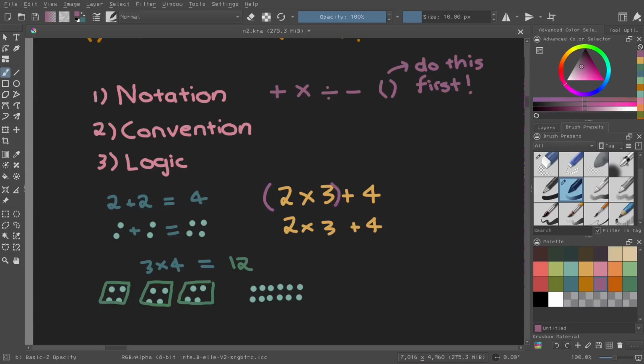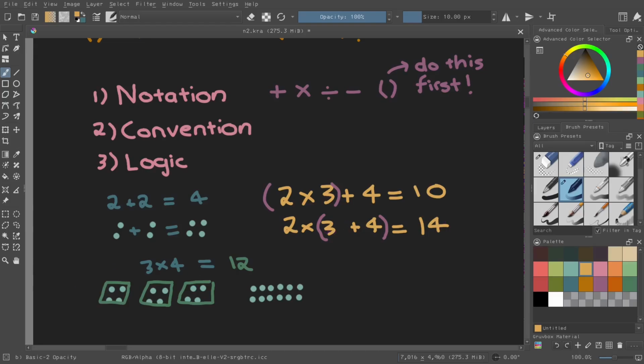So we represent this like this. Or you can do the 3 plus 4 first and then multiply it by 2. And both of these yield different answers. So 2 times 3, that's 6, plus 4 is equal to 10. And if you do it this way, 3 plus 4 is 7, and 7 times 2 is 14. So these represent 2 different things.